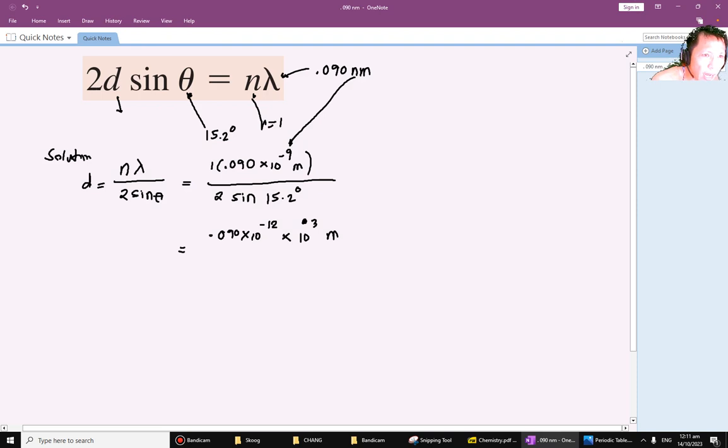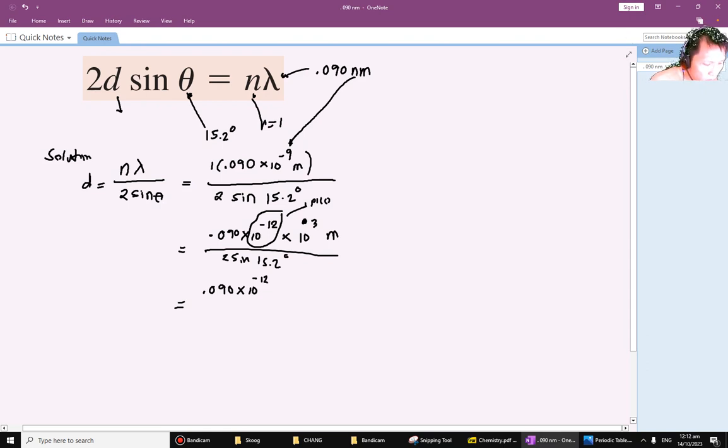So this guy here has been split into 2. The 12 minus 3 is equal to negative 9. So why did you do it, sir? Because I need this one. This is the pico. The problem tells us that your answer should be in pico. 2 sine 15.2 degrees. So all in all, that should be 0.090 times 10 to the negative 12.